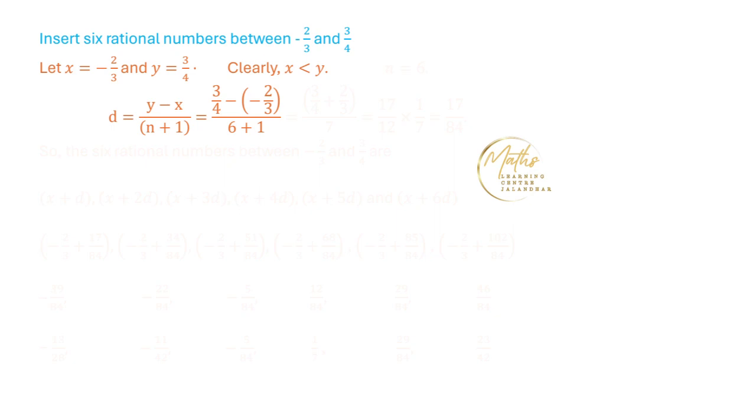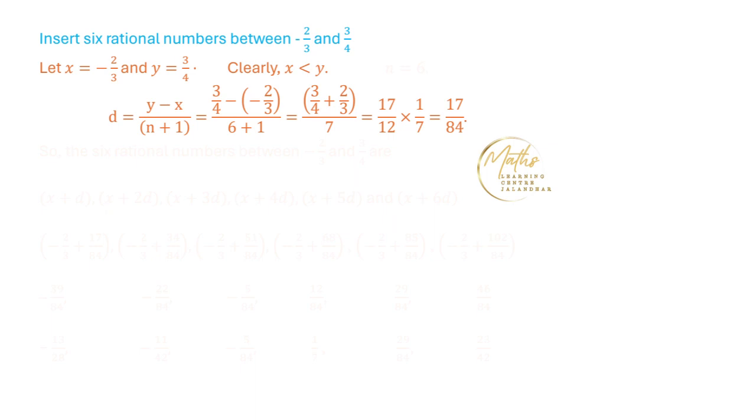So we get 3 by 4 plus 2 by 3, and we divide this by 7. Solving 3 by 4 plus 2 by 3, we obtain 17 by 12. We have 1 by 7 there, and on multiplying we get the value 17 by 84.